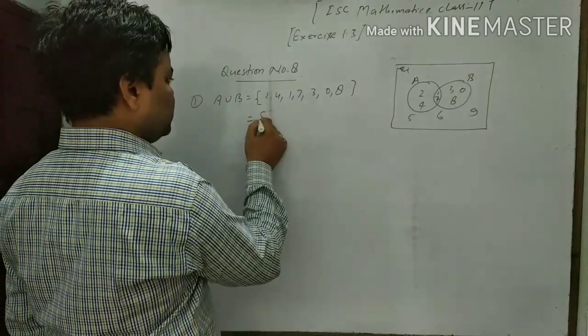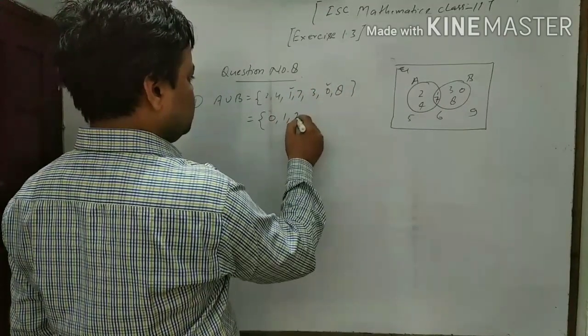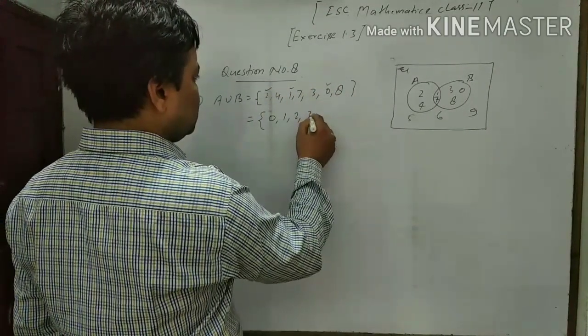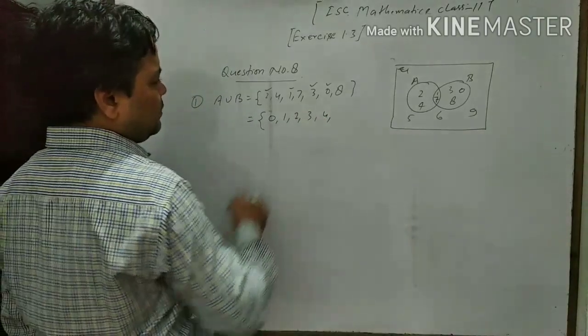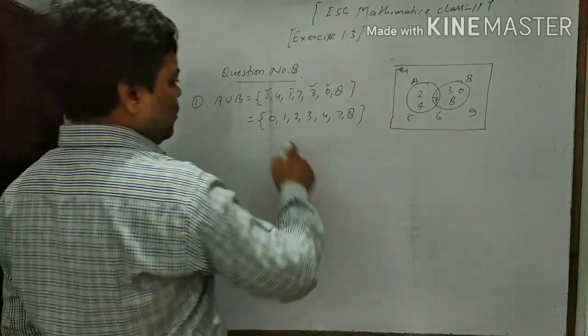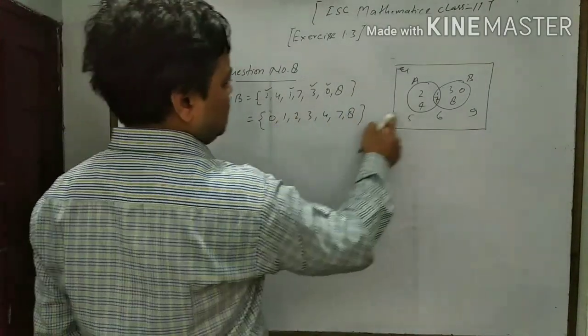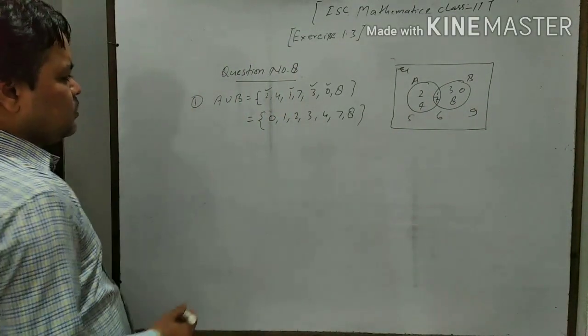Now arrange it: 0, 1, 2, 3, 4, after that 7, and here 8. How many elements? 1, 2, 3, 4, 5, 6, 7. Okay, this is A union B.